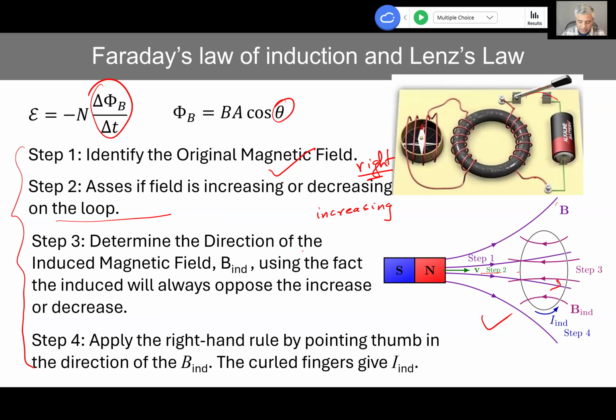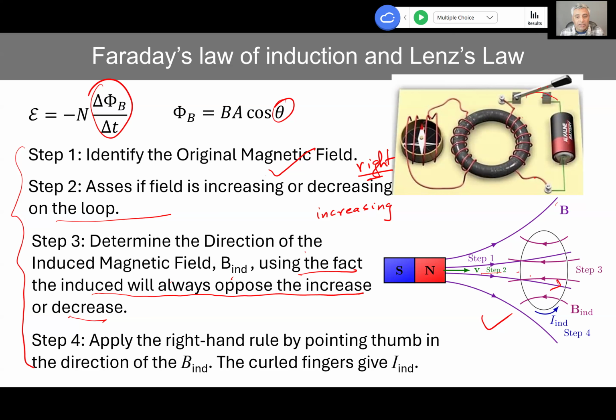And then, step 3, determine the direction of the induced magnetic field using the fact that the induced field will always oppose the increase or decrease. Here it is increasing, so to oppose the increase, it has to line up in the opposite direction. If it was decreasing, then to oppose the decrease, it has to line up in the same direction.